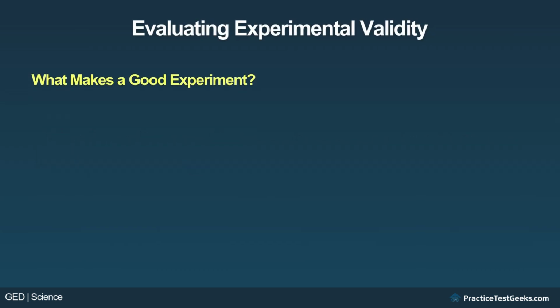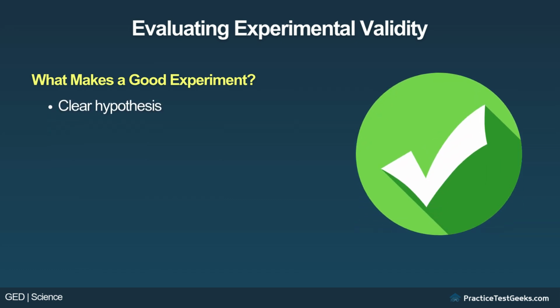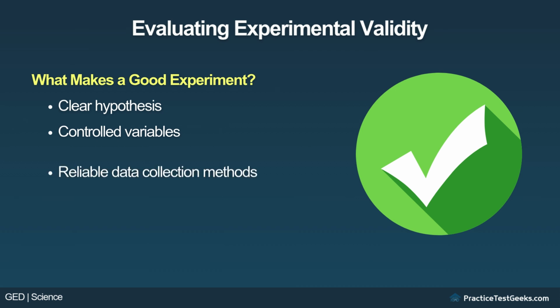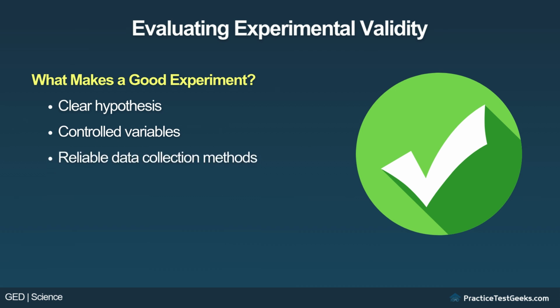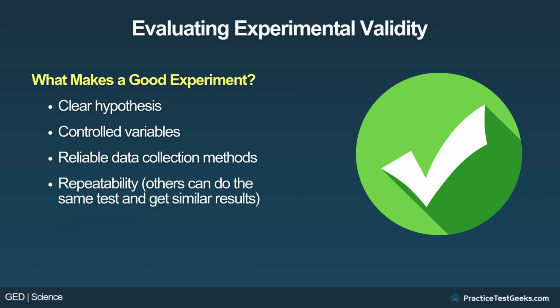A strong experiment usually includes a clear hypothesis that defines what's being tested, controlled variables, so only one thing is changing, reliable data collection methods like accurate measuring tools or consistent timing, repeatability, meaning others can perform the same experiment and get similar results, and most importantly, no bias or flawed reasoning that could distort the outcome.